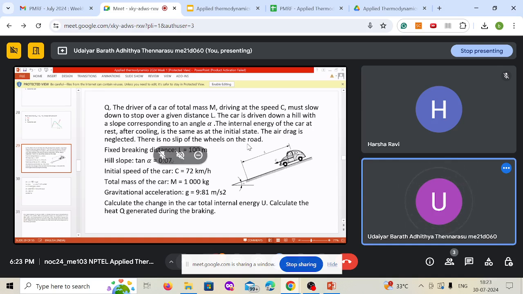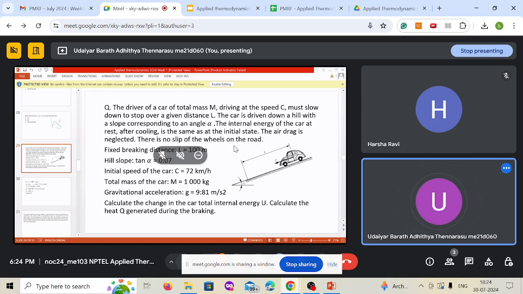So basically you are at the top of a hill and you are descending, and you have to stop the car at a certain given distance l. What they are saying is, after which the car comes to rest and the car is cooled down, the internal energy state is equal to what it was at the top. There is no air drag, you can neglect it, and there is no slip between the wheel and the road.